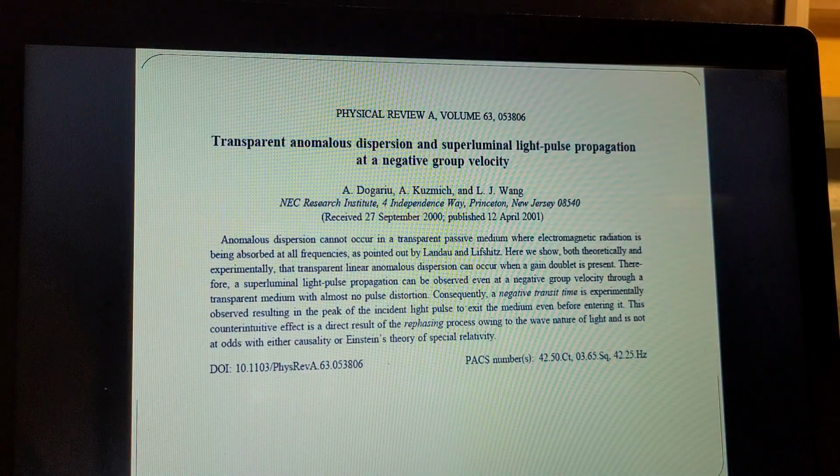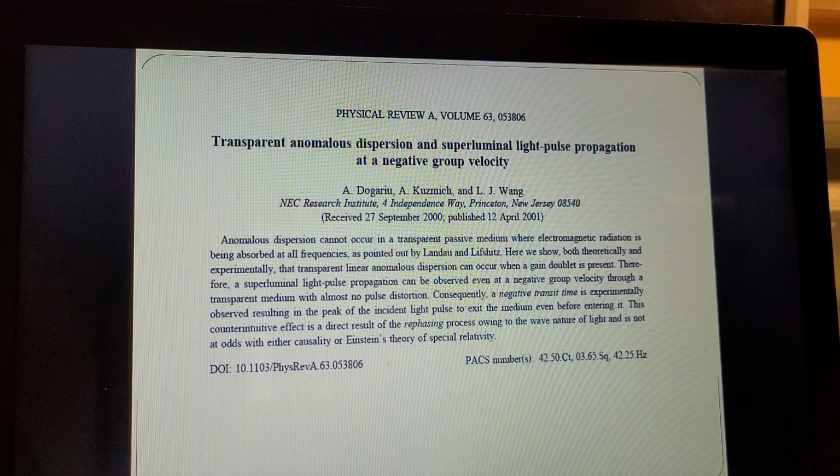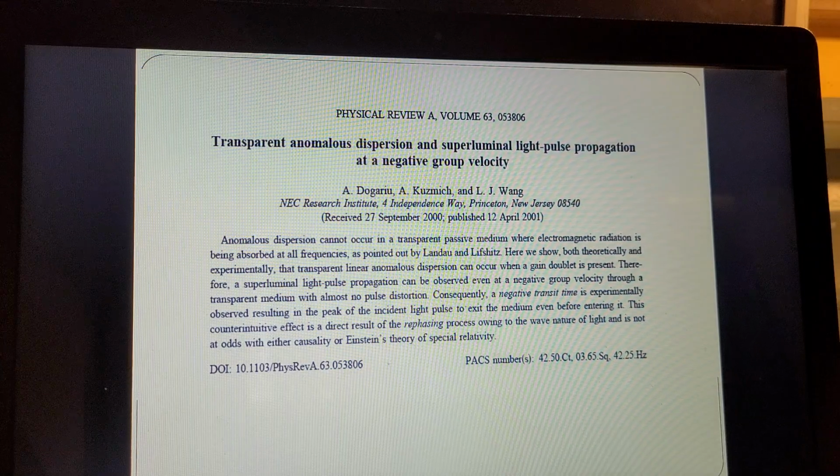In 2001, Dogario and his colleagues was reporting a phenomena that called transparent anomalous dispersion and superluminal light pulse propagation at a negative group velocity.